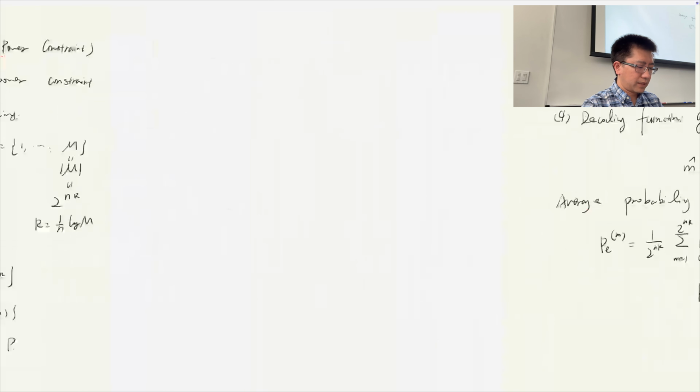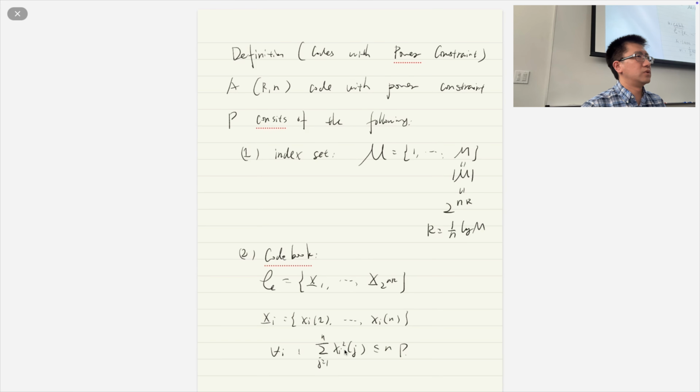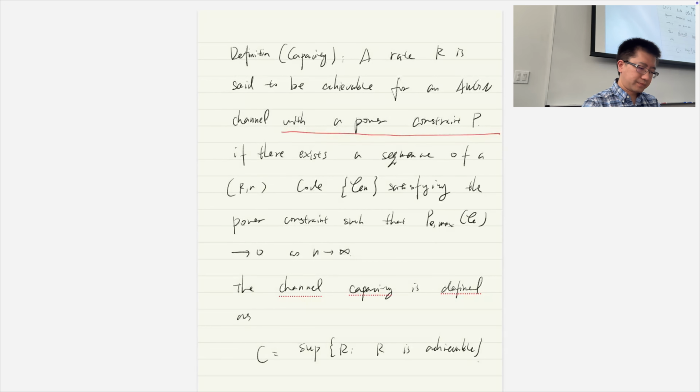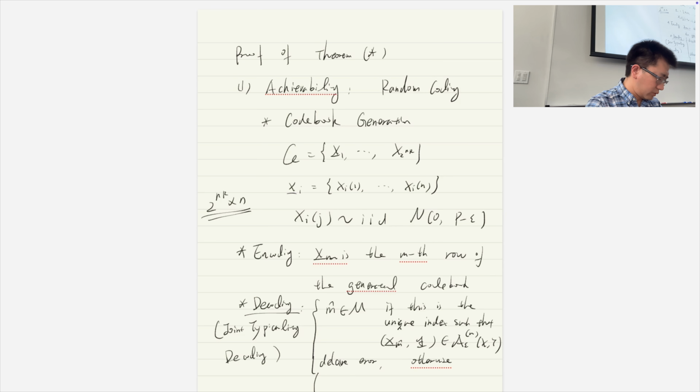Because our power constraint is a hard constraint and x is Gaussian, there is some chance that the power of the codeword will be bigger than the limit. So we have another error event, and we need to include the case when the chosen codeword does not satisfy the power constraint.